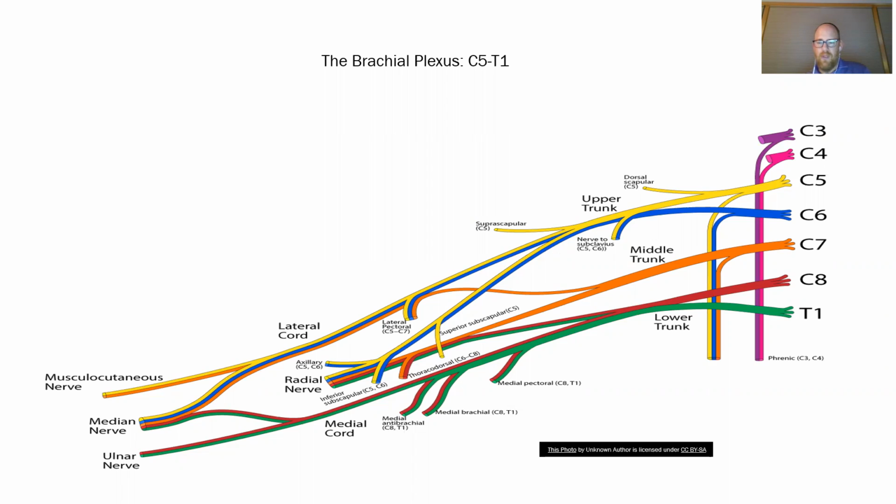The brachial plexus is made up of different divisions, and we'll talk about that as well. It is through the brachial plexus that every single nerve in the arm arises. If it doesn't come from the brachial plexus, it doesn't innervate the arm.